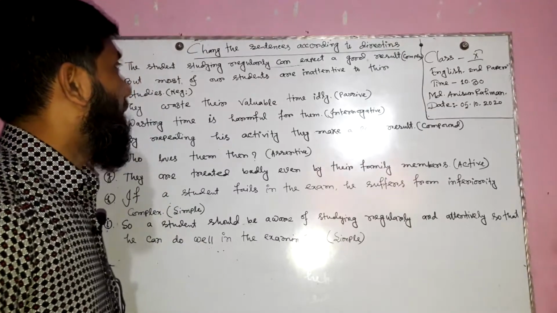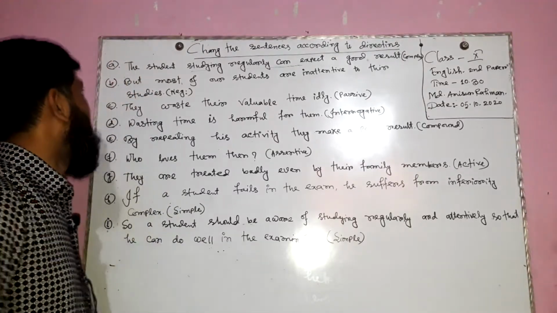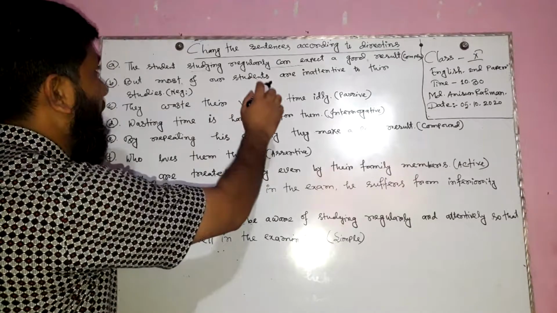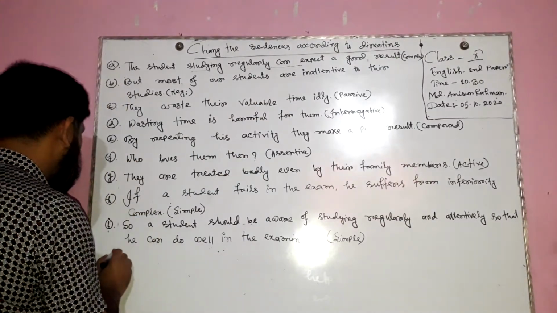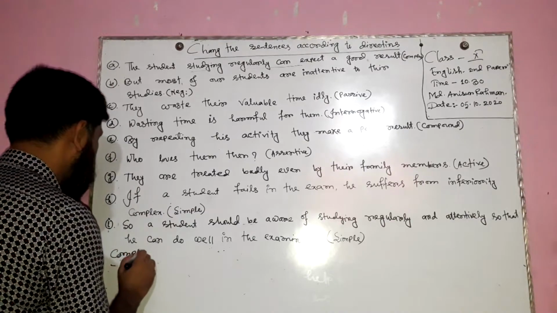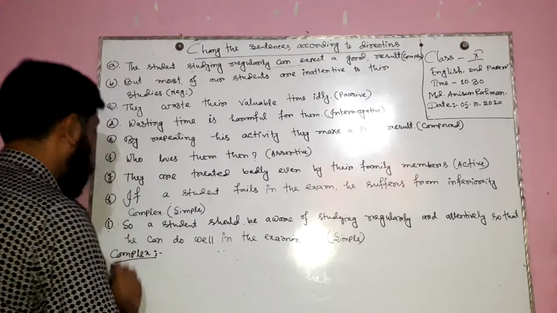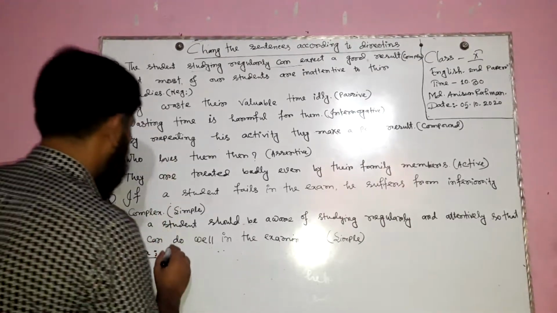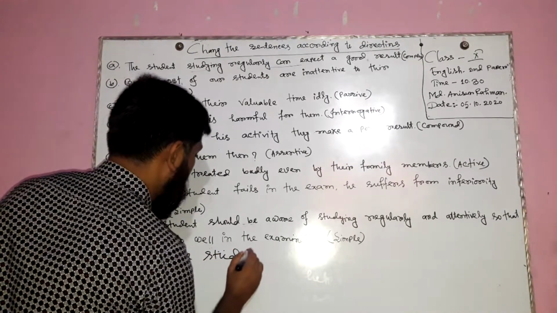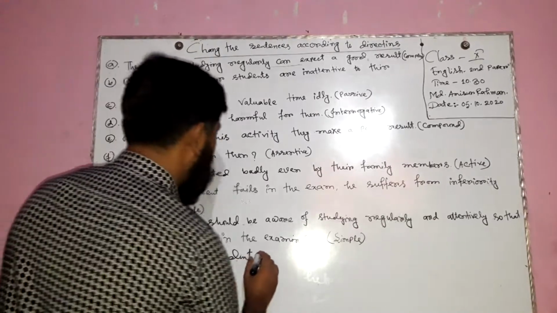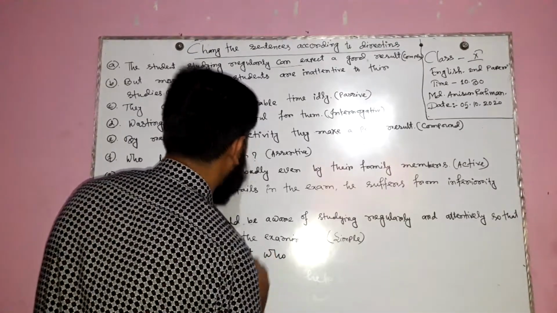Now, I would like to give you the answer. The students studying regularly can expect a good result. In this sentence, we can turn it into complex this way. Firstly, the students, here a relative pronoun is added, who.